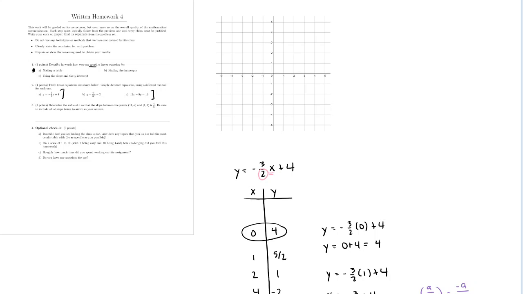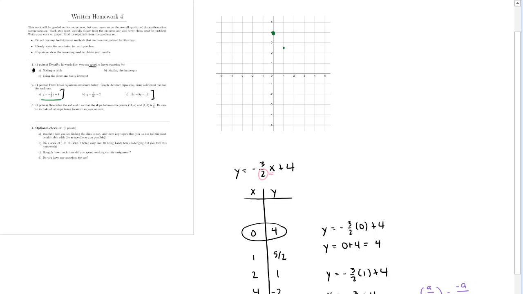So we've got the point, and here maybe I'll do this with one color because we're going to have to graph the other ones as well. I'm going to do this with green. We've got the point 0, positive 4. 1, 5 over 2. Well, 5 over 2, that's 2.5, right? So that's about right here.